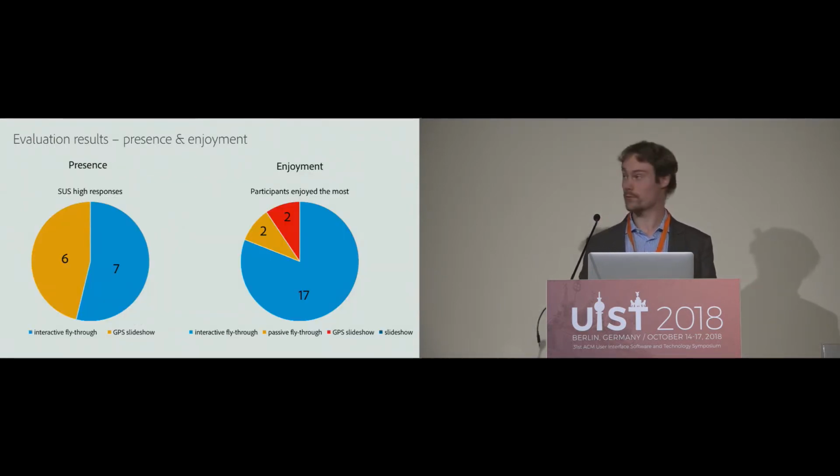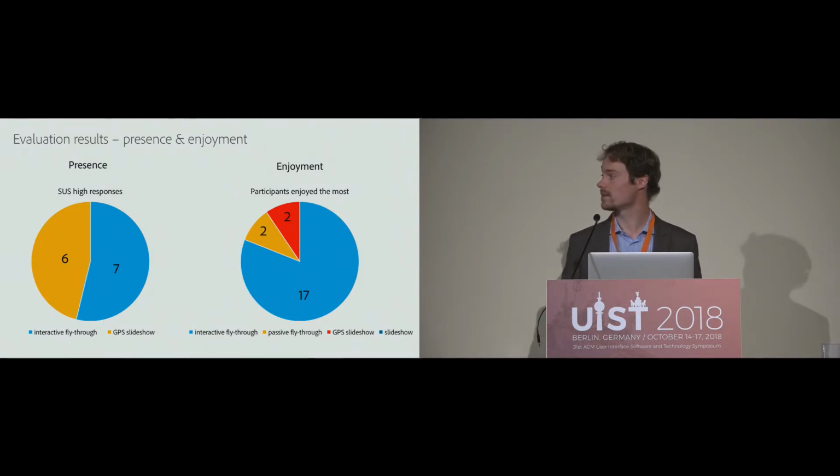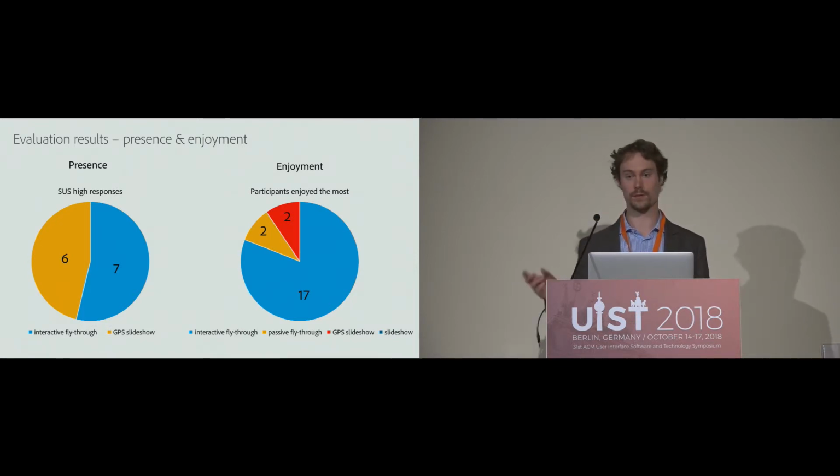With evaluation of the presence and enjoyment, we did that by several questionnaires. The presence was evaluated by the Slater-Usoh-Steed questionnaire, and we may see that the immersive fly-through obtained a little bit better score, but also not that much compared to the GPS slideshow, and this is mainly because users were complaining about the quality of the terrain, which is of course an implementation detail for us, but it's very important to users.